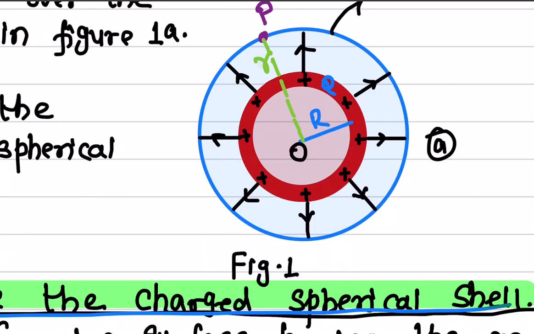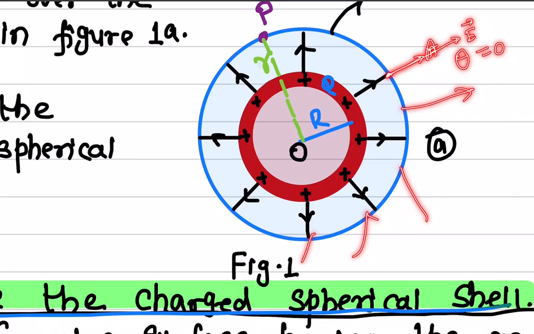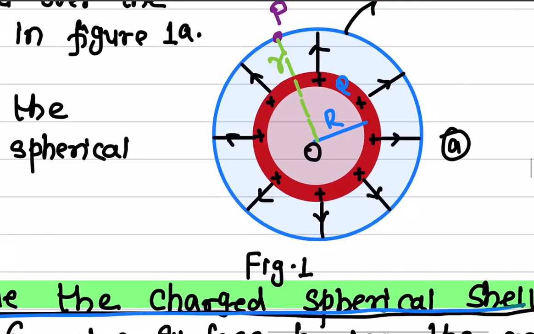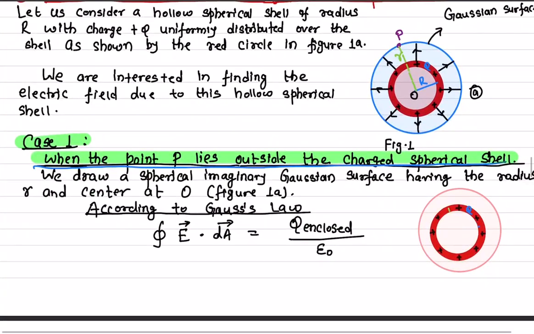If we choose a spherically symmetric surface, then it is a lot easier to integrate rather than choosing an arbitrary Gaussian surface. Okay, so again, at any point the area vector and the electric field are in the same direction, so the angle is exactly equal to 0 at all points. It doesn't matter where you take it, the angle between the electric field and the area is 0.